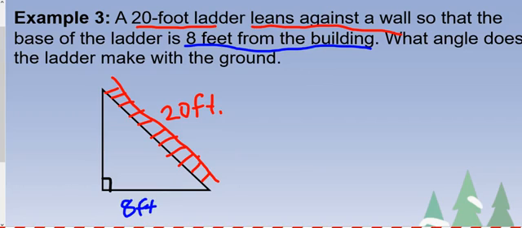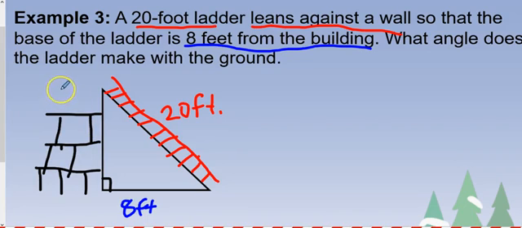And let me put my building in over here. I'm saying my building is made of bricks. All right, so my building's over here, my ladder here. We want to know what the angle the ladder makes with the ground.